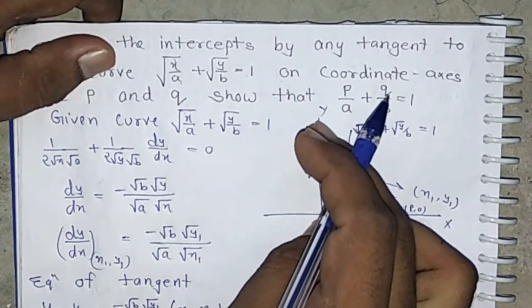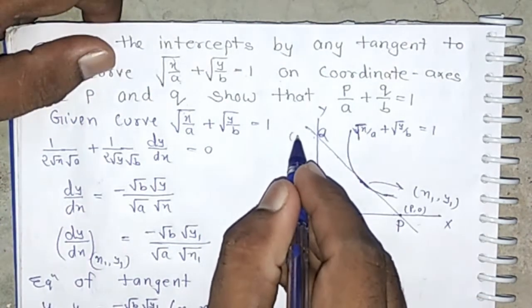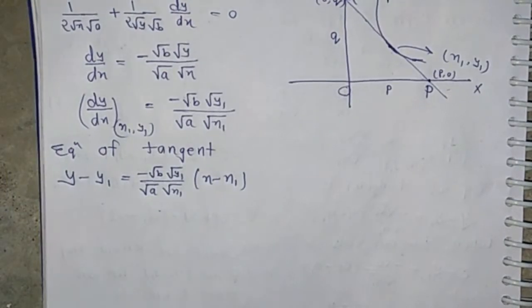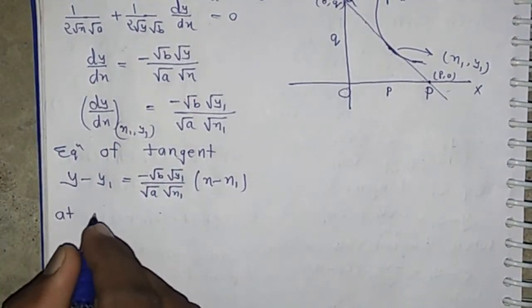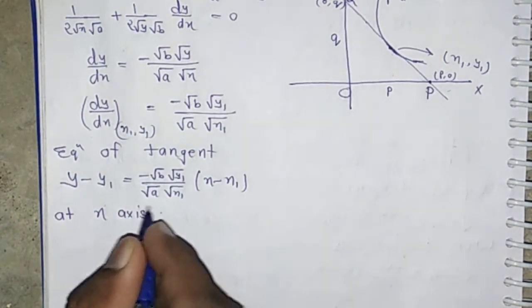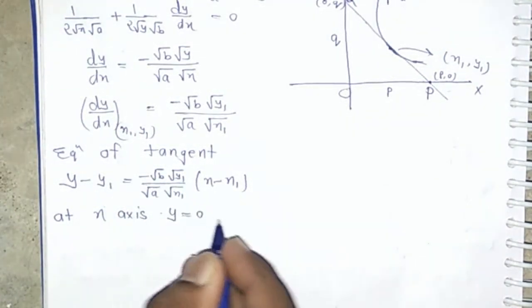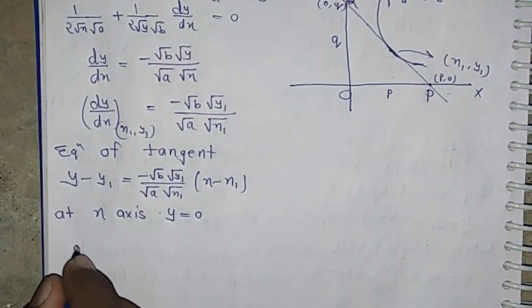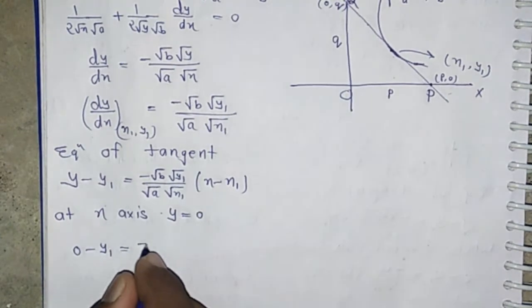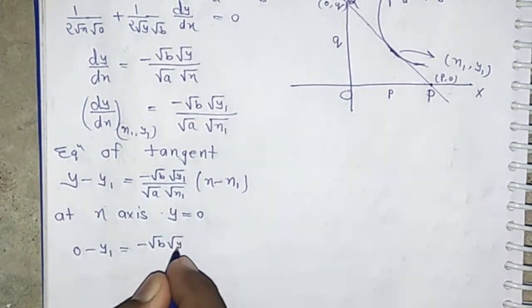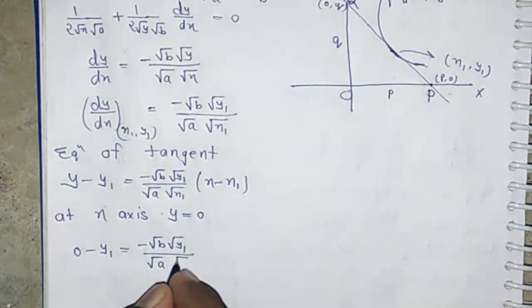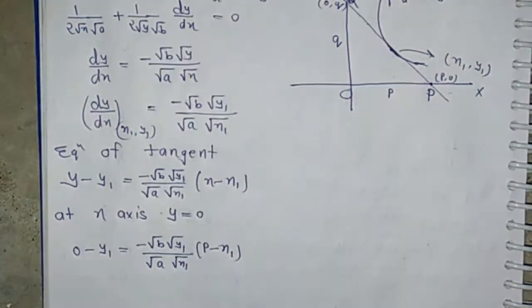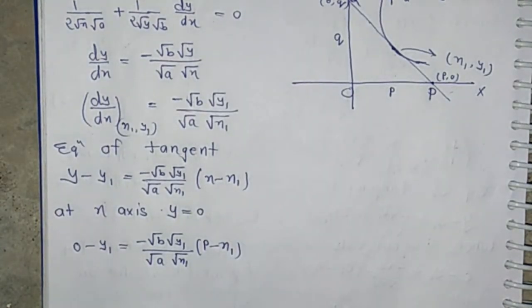Similarly, the intercept on the y-axis is q and the value of x is 0, so point Q is 0 comma q. Now at the x-axis, y equal 0 and x equal p, so 0 minus y1 equals minus root b root y1 by root a root x1 times p minus x1.